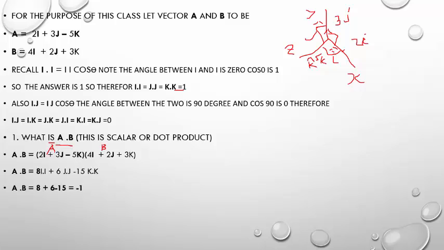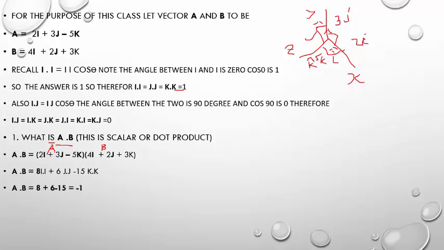So 8 plus 6, then minus 15. That will give us 14 minus 15. So for this very question, our a dot b is equal to minus 1, which is a scalar product. Our dot product, we are not finding the magnitude now. Our final answer in this case is minus 1.